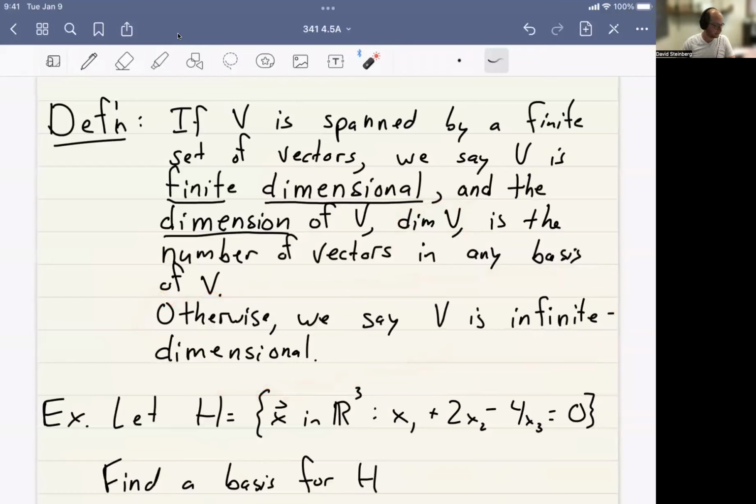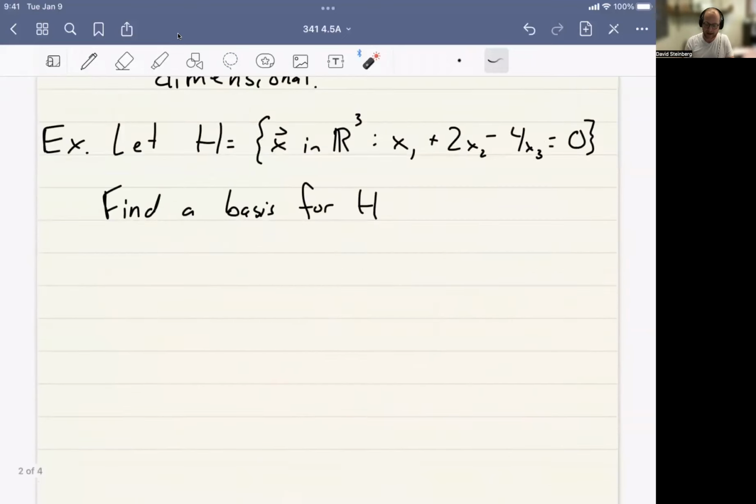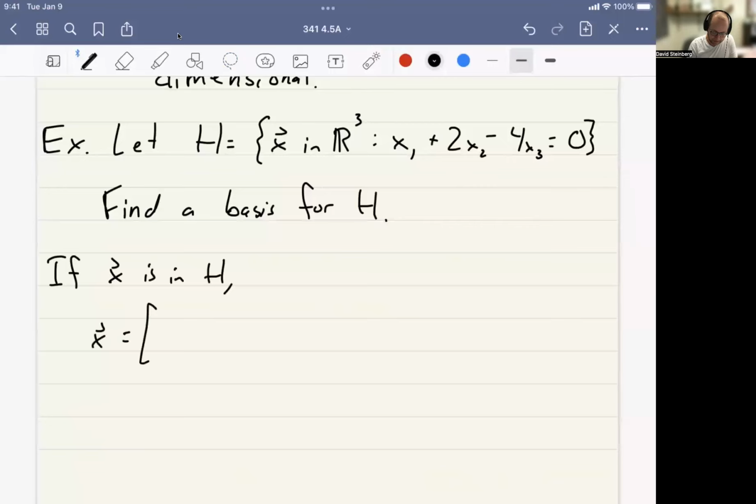Okay, let's do an example to make this more concrete. Let H be the set of all vectors in R3 with the property that x1 + 2x2 - 4x3 = 0. We'll find a basis for H. So if x is in H, what do we know? x looks like (x1, x2, x3).